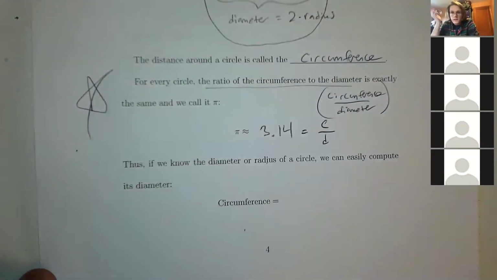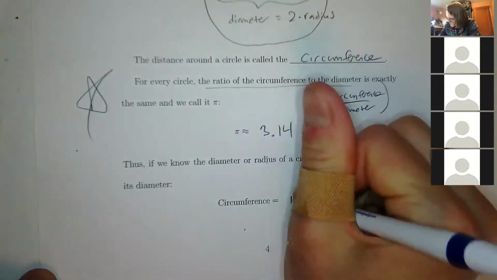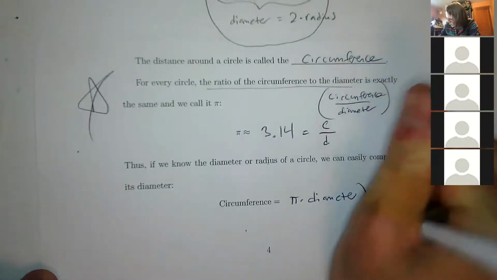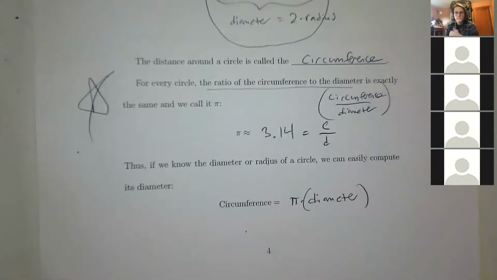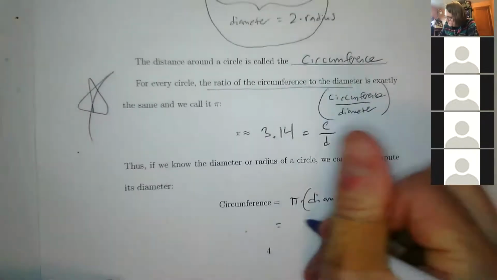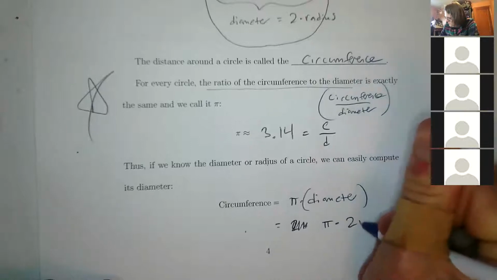And so if I multiply d on both sides, I get c equals pi times d, or pi times the diameter. And the diameter, we said, was 2r. So I can also write it as pi times 2r, the radius.